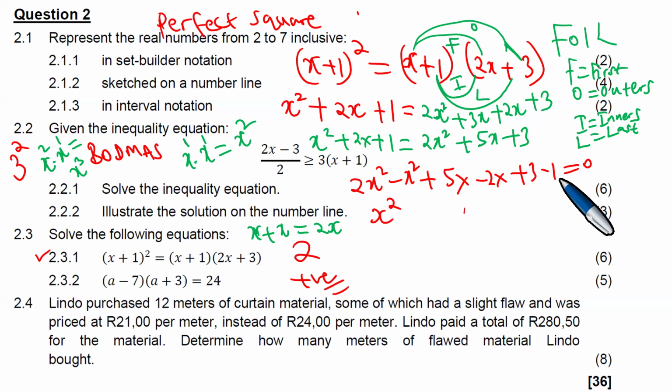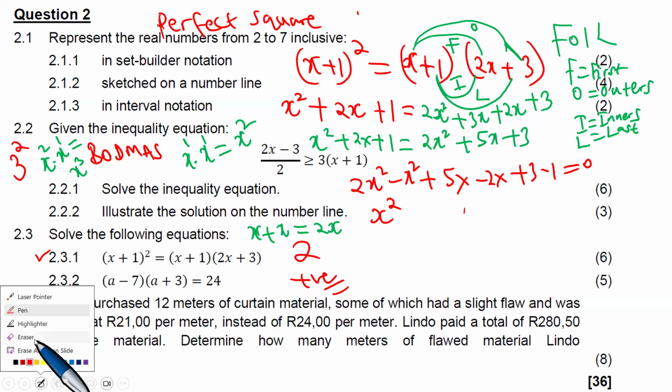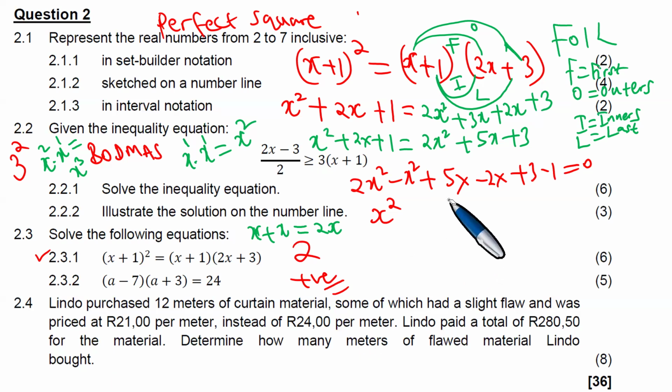But we're asking the question, what is 5x minus 2x? We need to choose the bigger number. Which is bigger between 5 and 2? 5 is bigger.